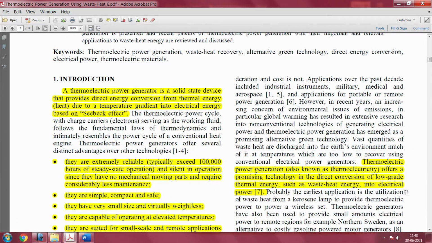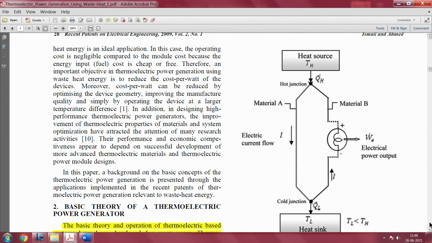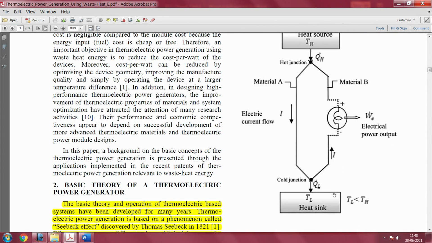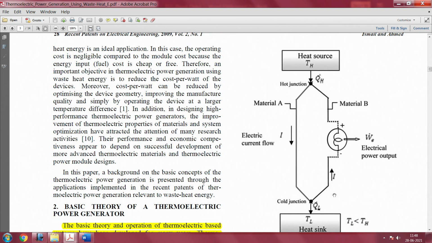If you want to imagine how it is to be shown equivalently, you can think about this picture which I want to flash here. See here, you have a heat source on top, you have a cold source on bottom here, and you talk about P and N type materials, that means you have material A and material B, and you are essentially looking at flow of electric current from the hot side to the cold side.